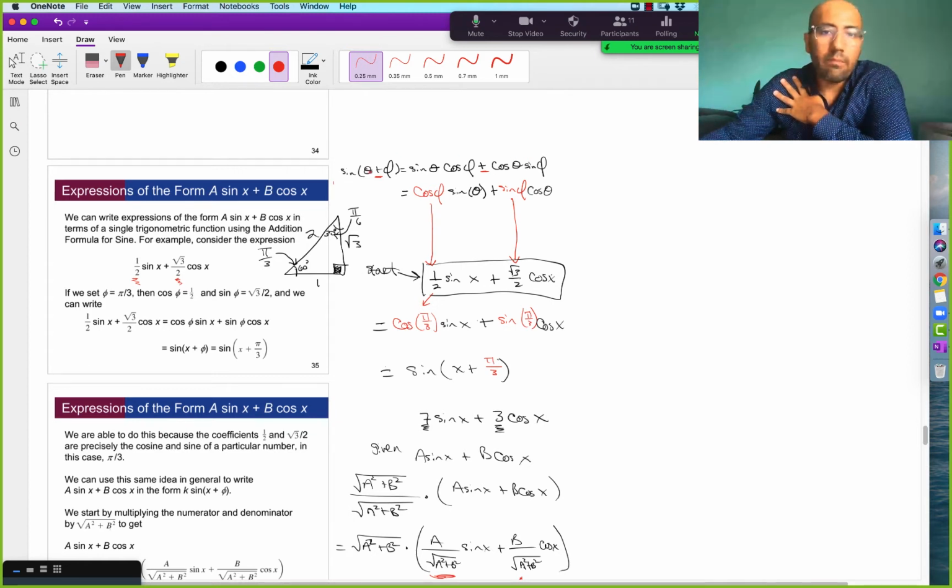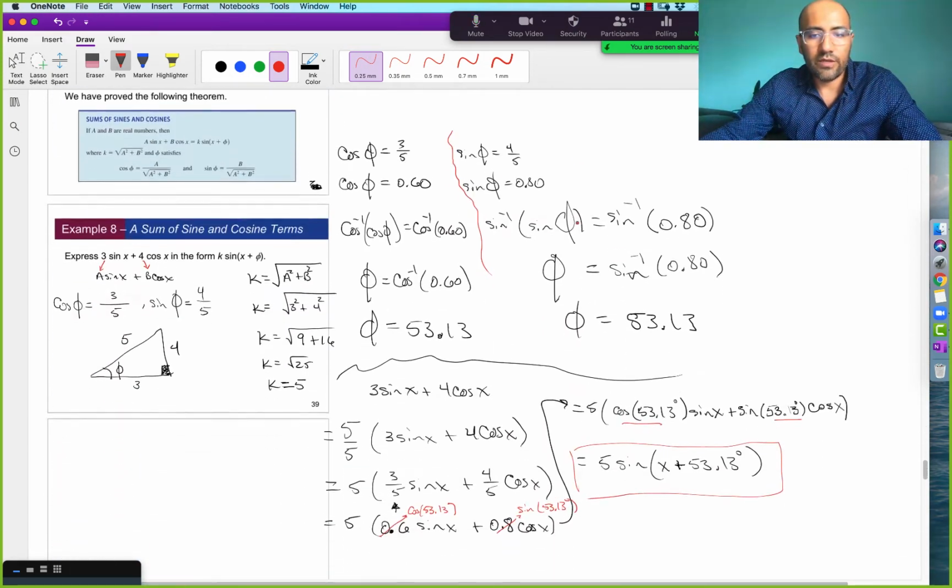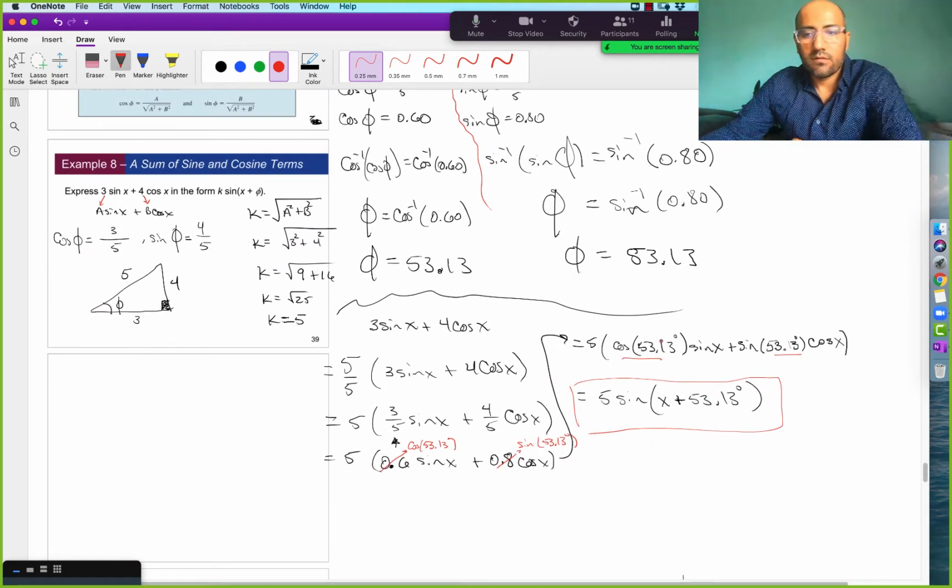So I'm going backwards. If I can figure out how to write it as a multiplication of sine theta cosine phi plus cosine theta sine phi, if I can find a way to rewrite it this way, then I can go backwards, right? And that's what we've managed to do here. Okay, so you got it now?